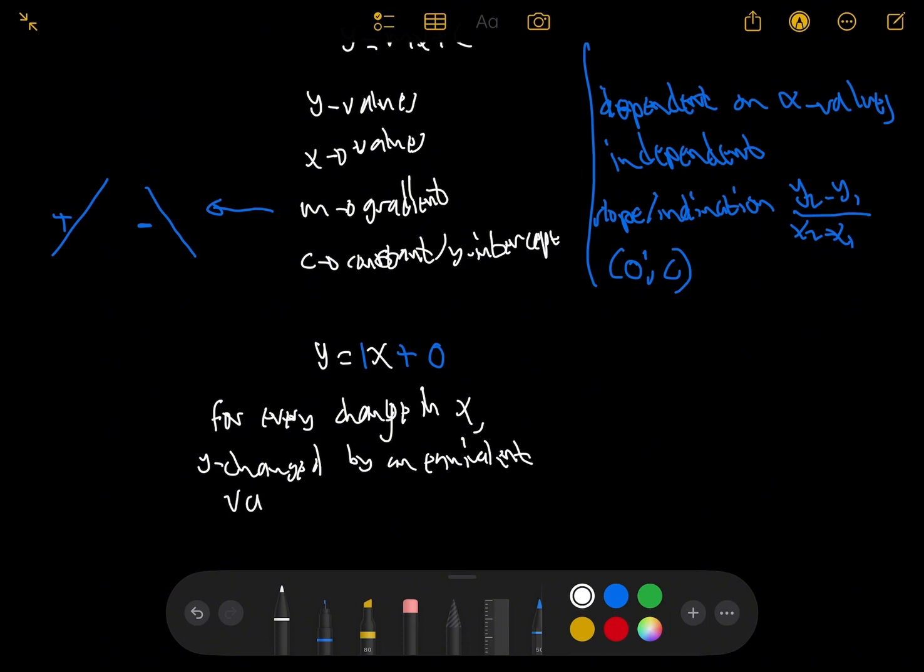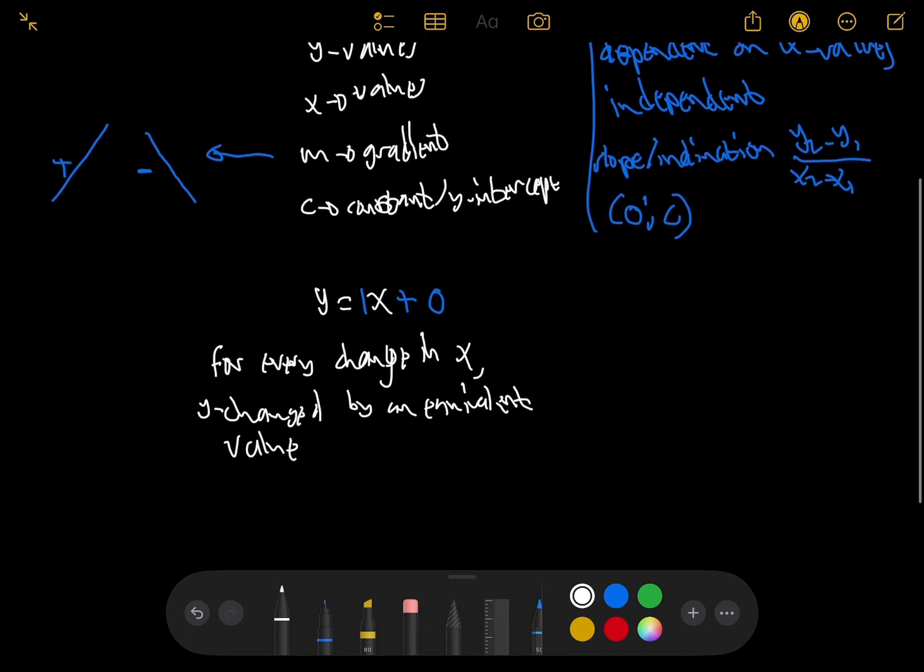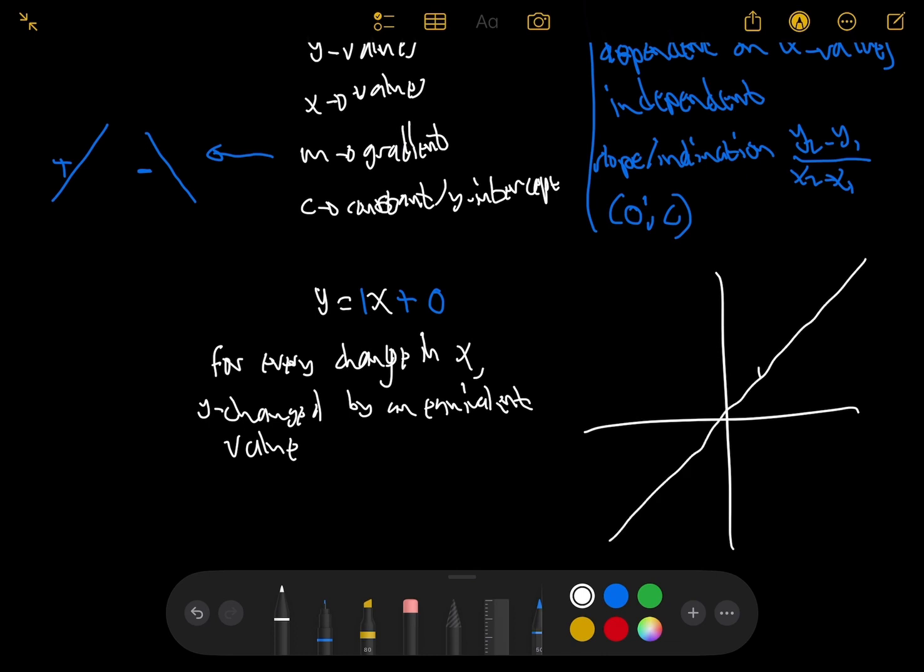Graphically, this will be something like (1; 1) and (-1; -1), and it was important to label our axes, the y and x-axis.